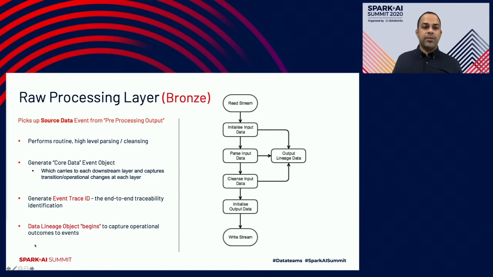Once that's done, we generate what we call a core data event object, which is the fundamental building block that carries to downstream layers, and we capture transition operational changes too. We then generate what we call an event trace ID, or the end-to-end traceability identifier. We also do data lineage capturing, in the form of data lineage objects, which begins at this layer, but also happens at downstream layers as well.